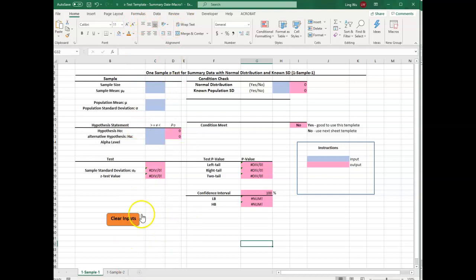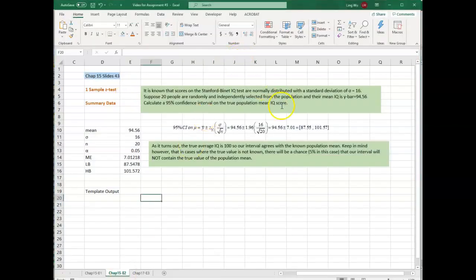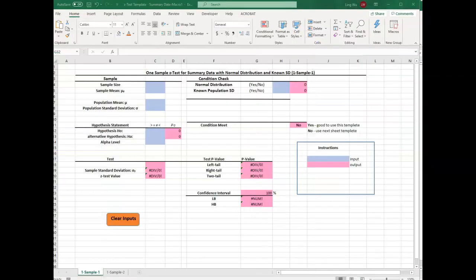So this one is basically where we do not have the data, but rather the summary values. This example gives us the summary values. We don't have the 20 people's scores to calculate. So let's take a look at this one sample z-test template with the summary data.